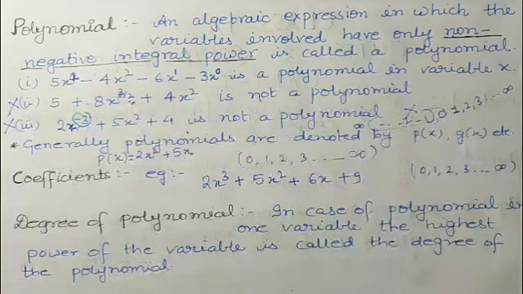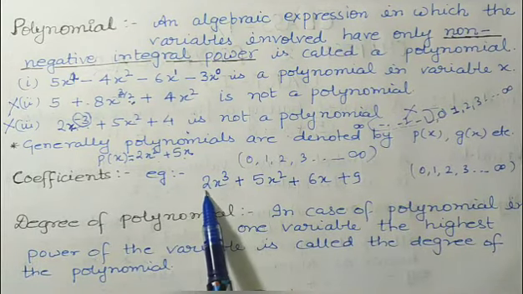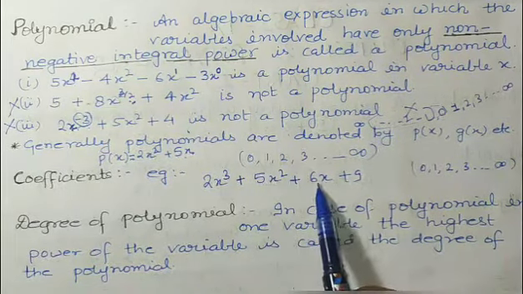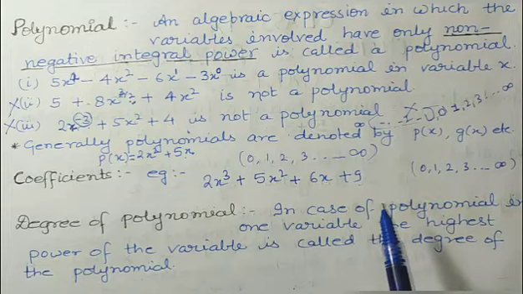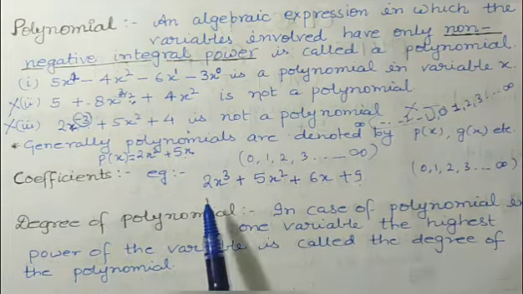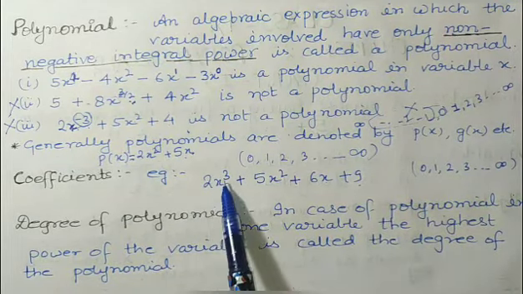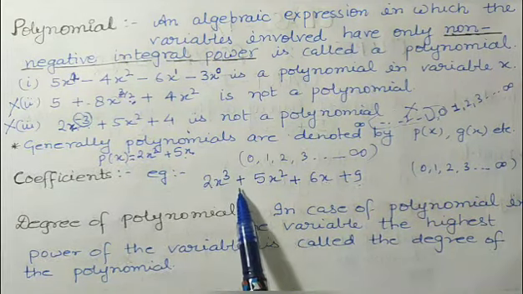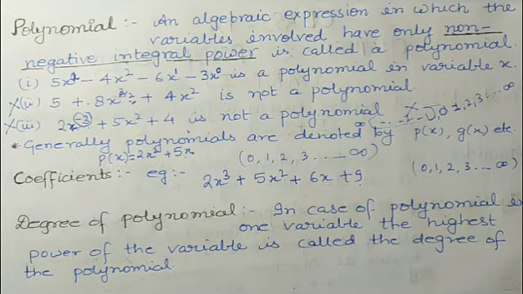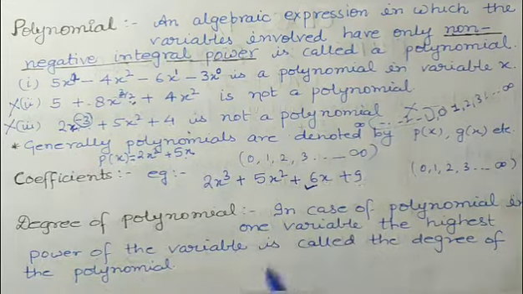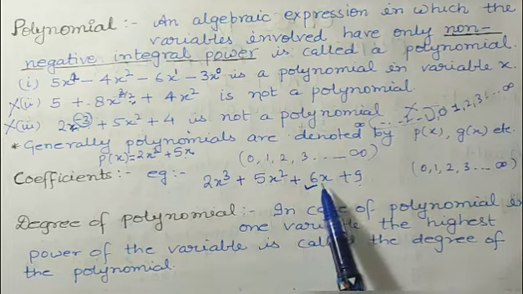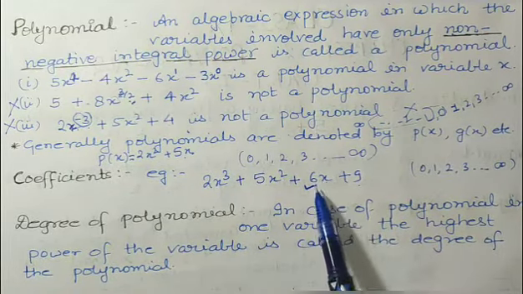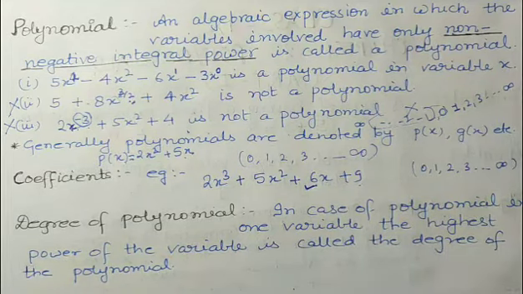Here the coefficient of x cube is 2, the coefficient of x square is 5, the coefficient of x is 6, and 9 is the constant. So coefficient means just the multiple of the variable. If someone asks what is the coefficient of x here, you will answer 6, because 6 is the multiple of x. 6 is multiplied by x, so it will be its coefficient.